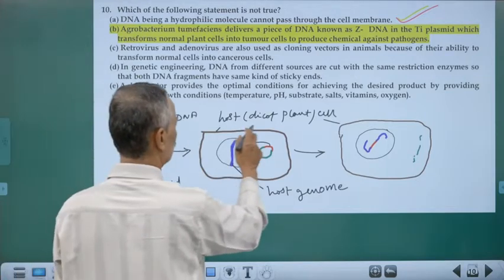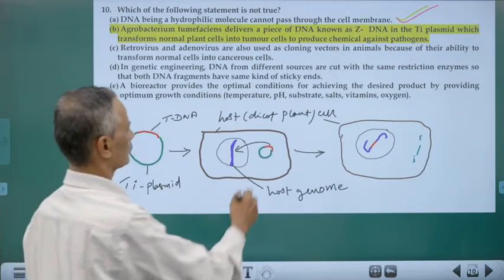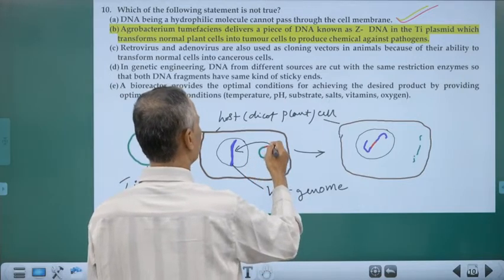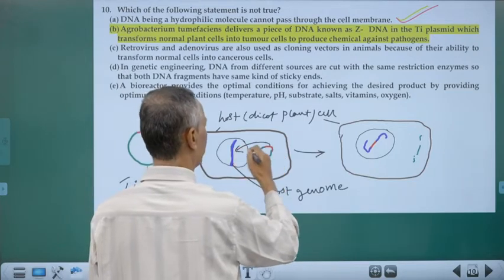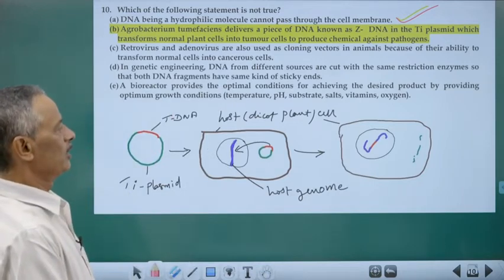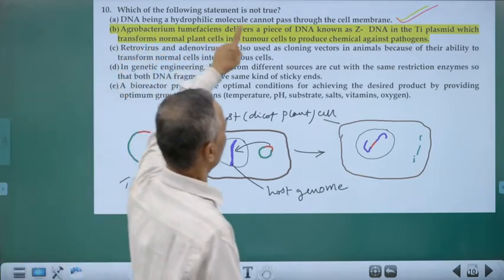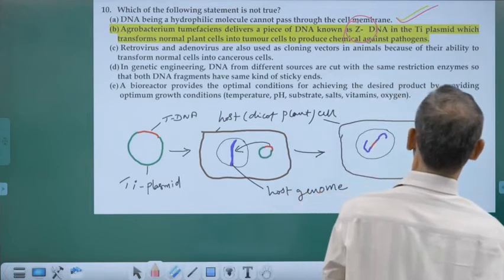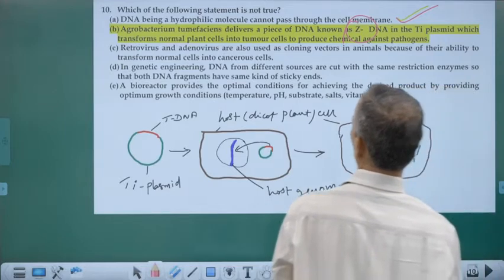Once it is introduced into the host cell, which is a dicot plant, only the plasmid will be entering in and it will transfer that tDNA into the nucleus and is integrated into the genome. It is made a part of the genome of the host. So Agrobacterium tumefaciens deliver a piece of DNA known as tDNA, not zDNA, in the Ti plasmid, which transform normal plant cells into tumor cells. Okay, so that is wrong.